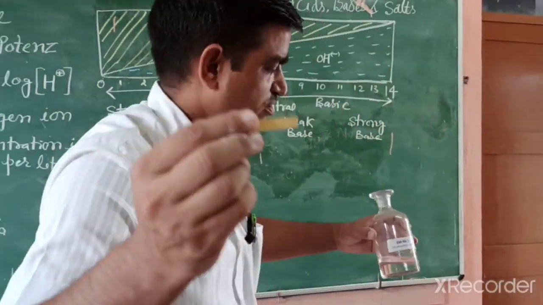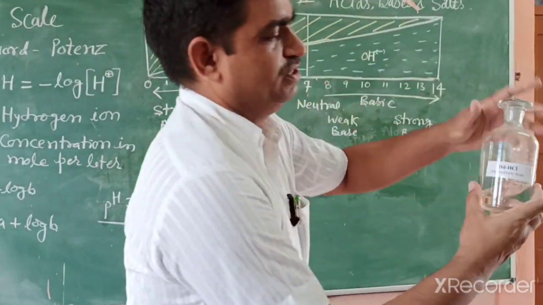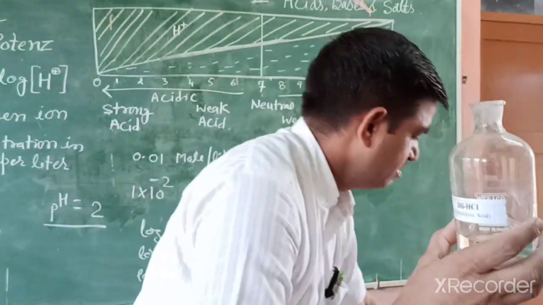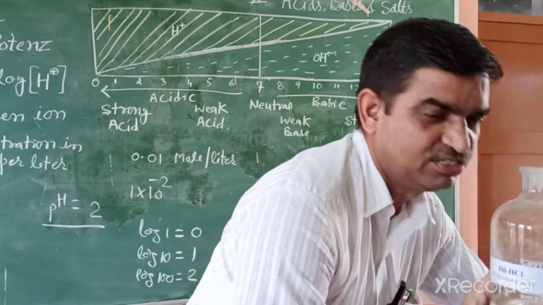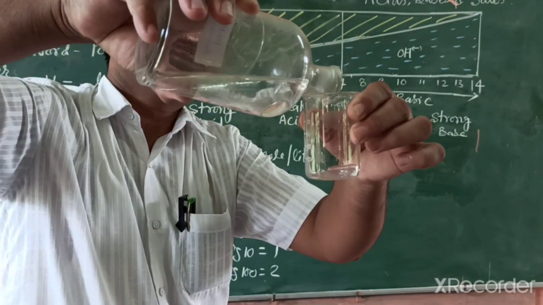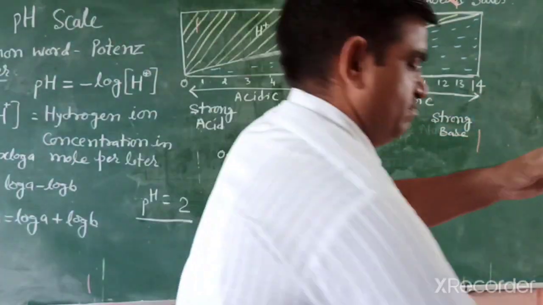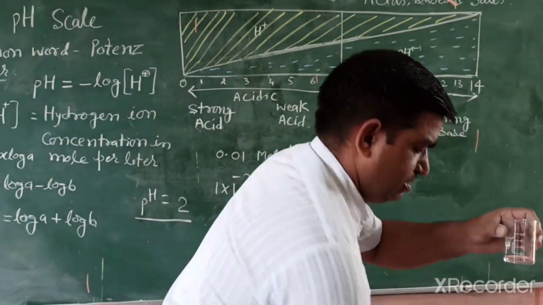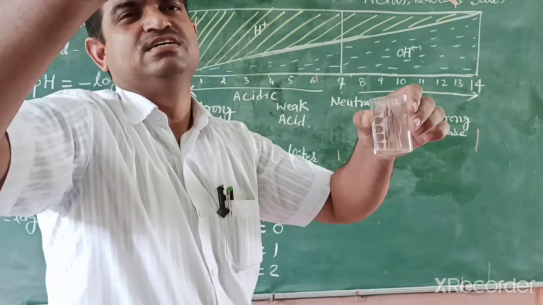What is the pH of HCl? So you know this one is dilute HCl, and how can we measure its pH? We take a smaller amount of acid in this beaker, and then put this strip, that is pH paper.